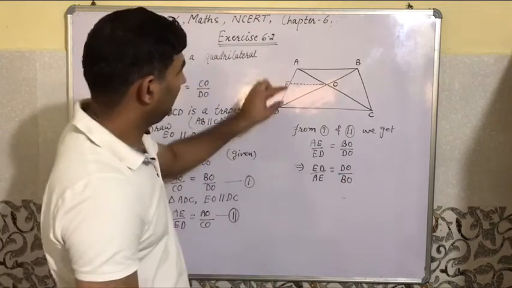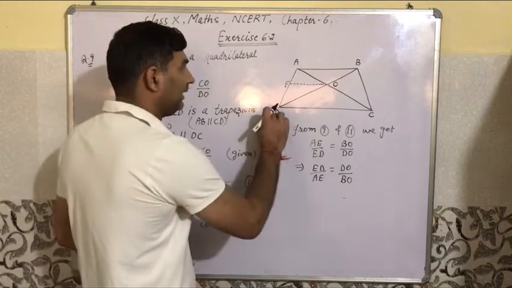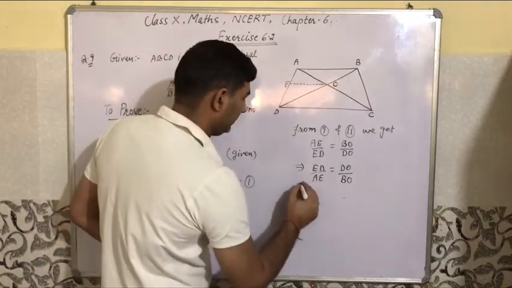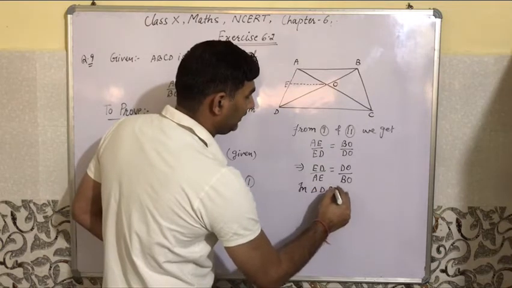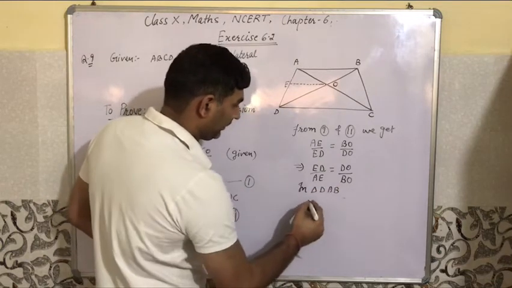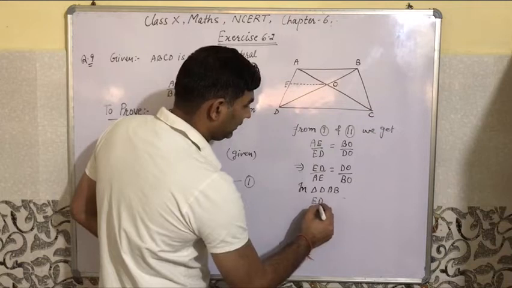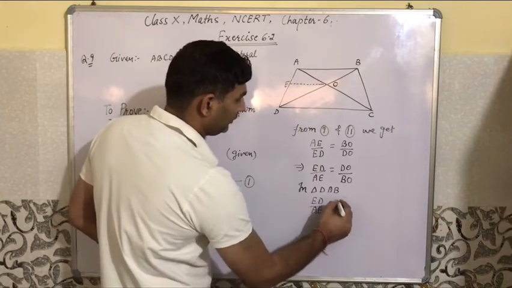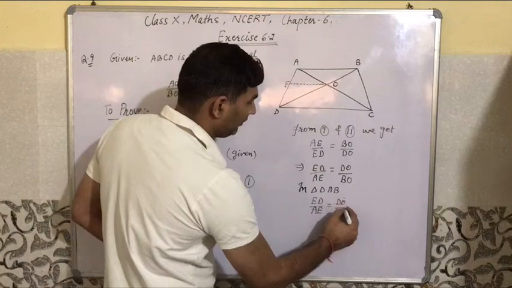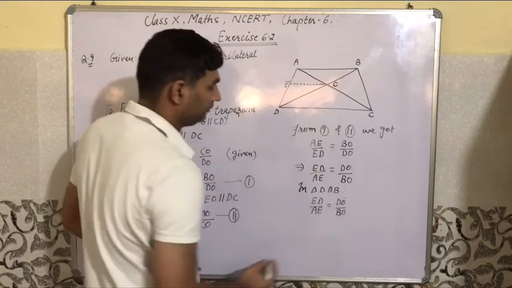We took its reciprocal. Then what? In triangle DAB, ED upon AE is equal to DO upon BO.